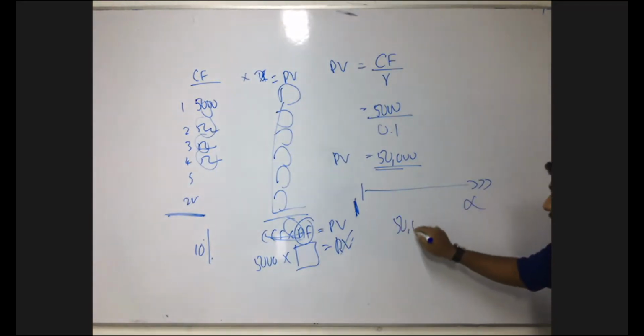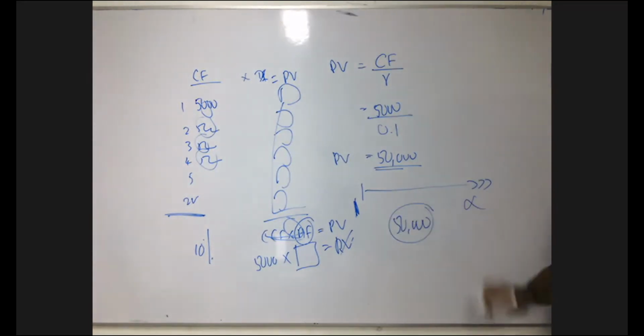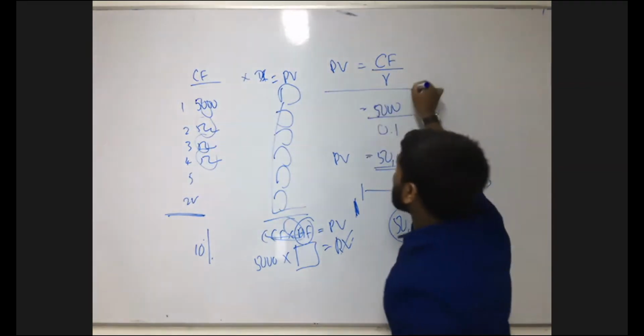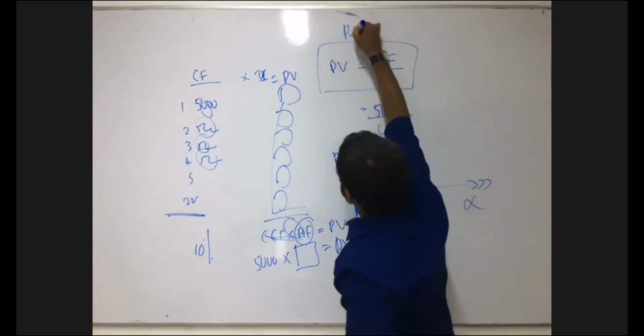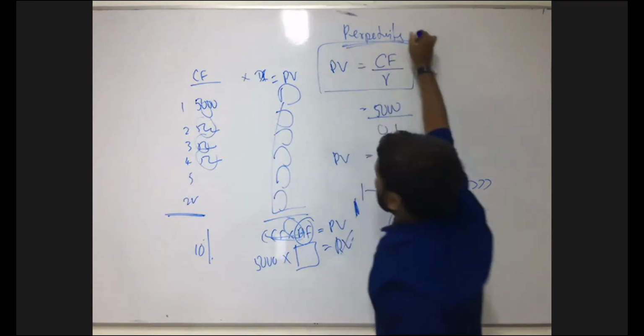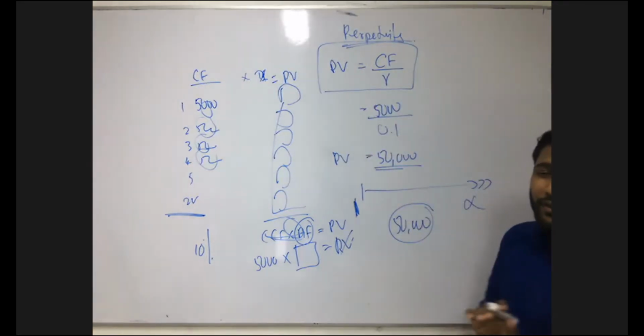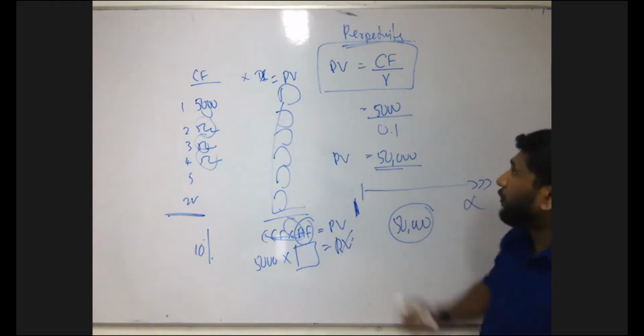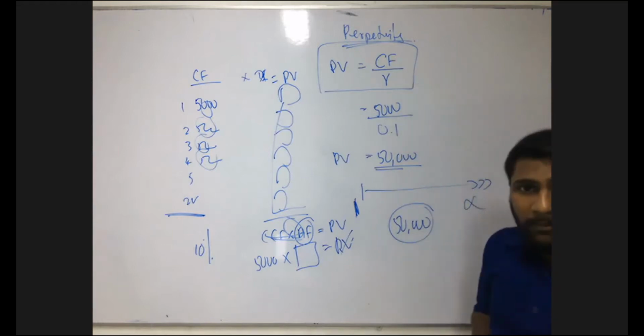The present value is 50,000. This is how, guys, you have to find the present values if your cash flows are for the perpetuity, or infinity, or for the foreseeable future. Very simple formula that you have to keep in your mind. What's the formula? Cash flow divided by R.